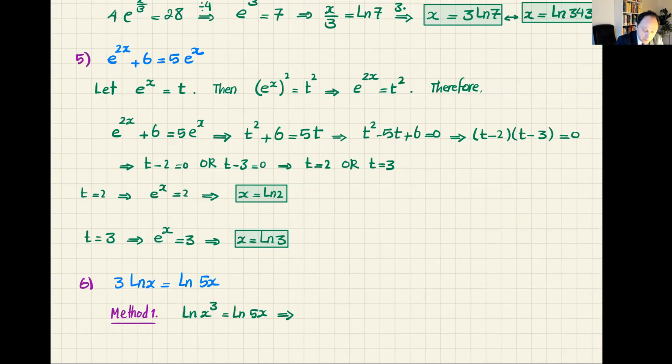If you have ln of a box equals ln of something else, this has the property that if the ln of two numbers are equal, you can conclude that these numbers are also equal. This is good to know.